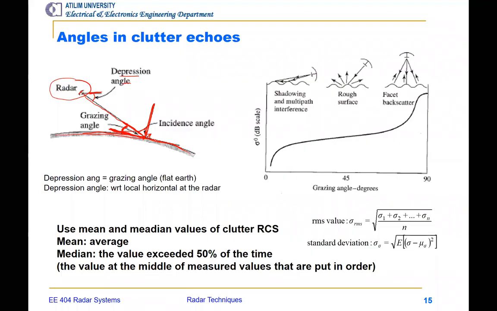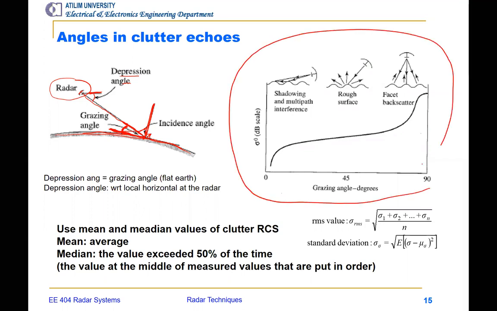Okay, so the most challenging case is where the grazing angle is very small, because when the grazing angle is small, we expect shadowing due to the objects over the surface of the Earth, and we get multiple interference. Now in this picture, we see the variation of the reflectivity.